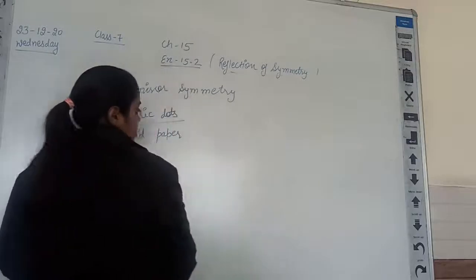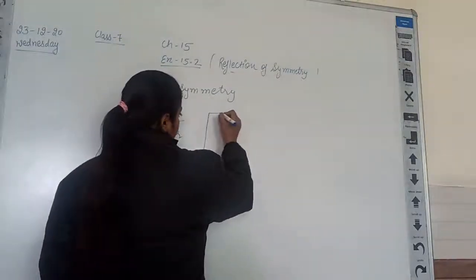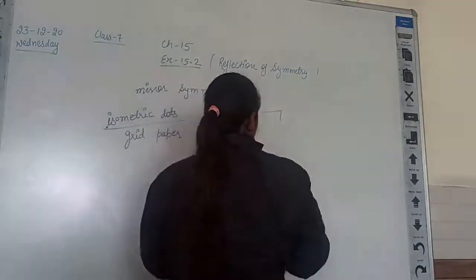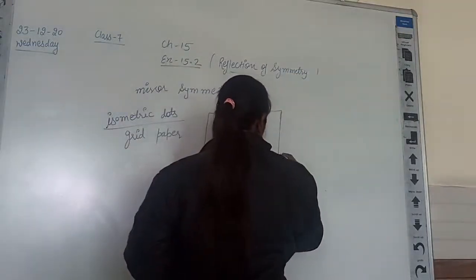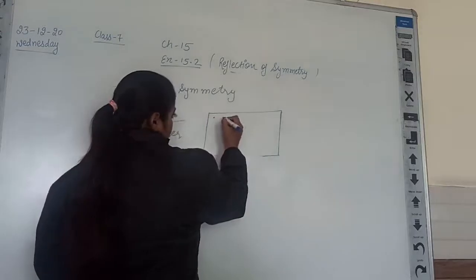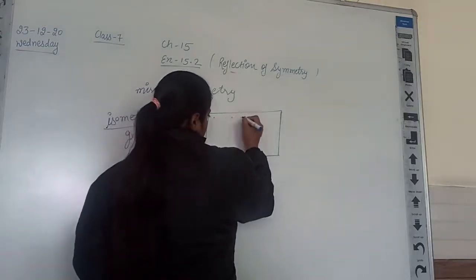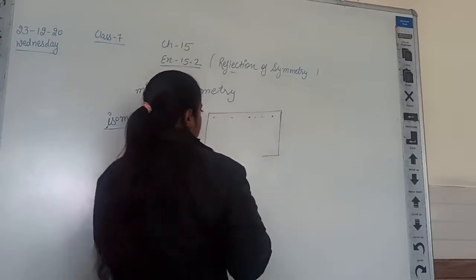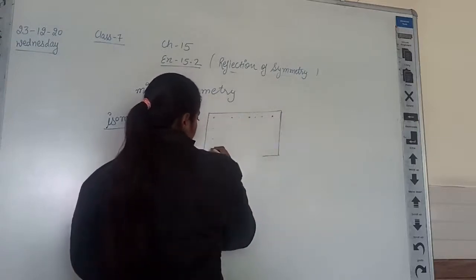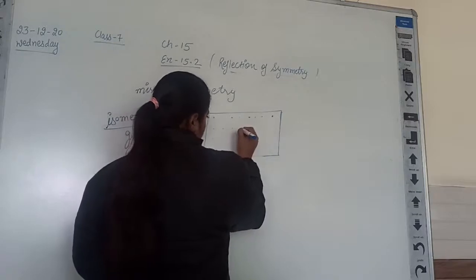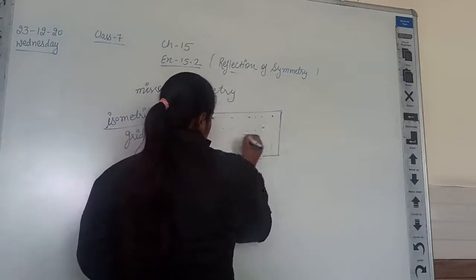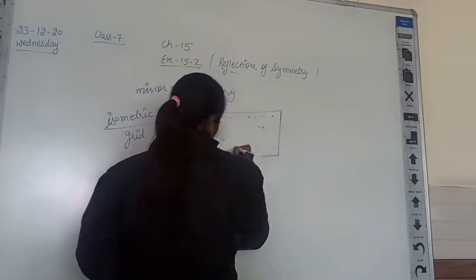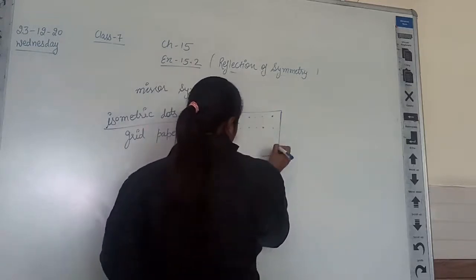I have a square type box. There I will put dots, like this, 4 to the downside and 8 to this side.